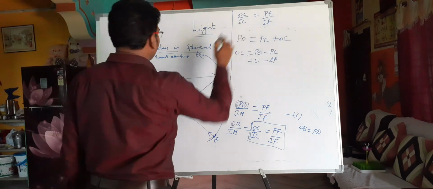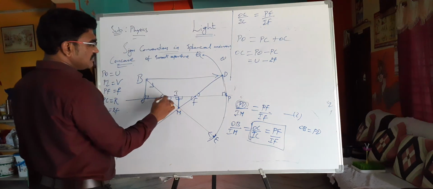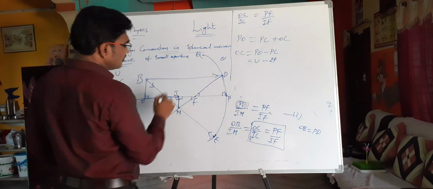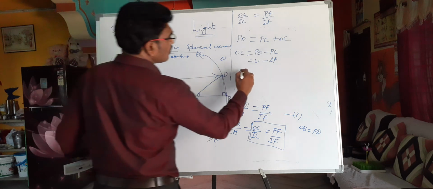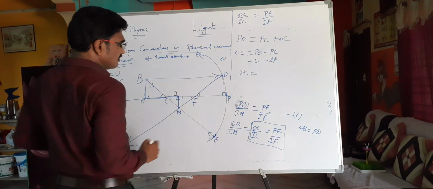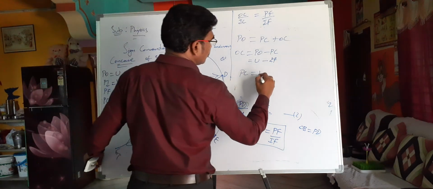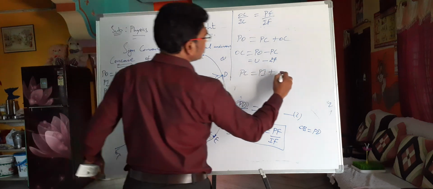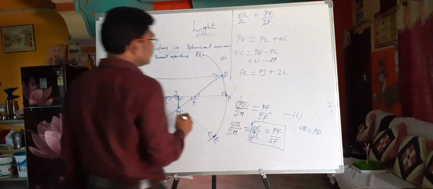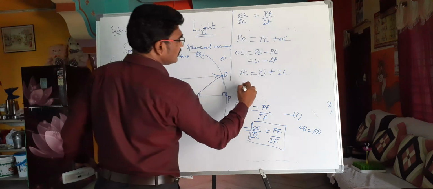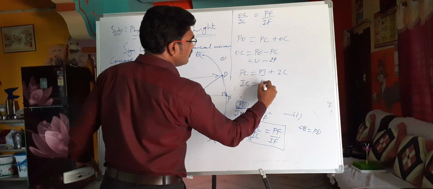And again I want the value of IC. This is IC. This is I and C. Again I take another one, that is PC. PC is equal to P to C. PC is equal to PI plus IC. But I want IC here. Then IC is equal to PC minus PI.